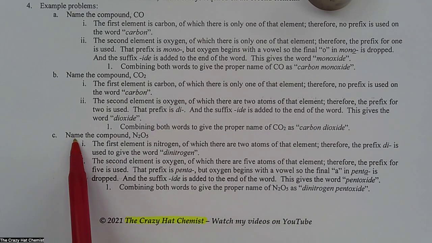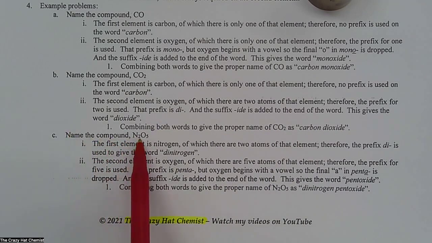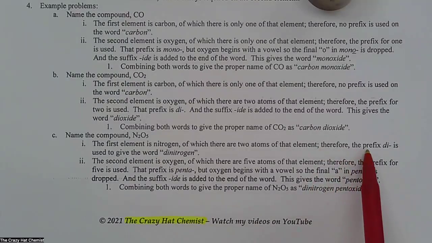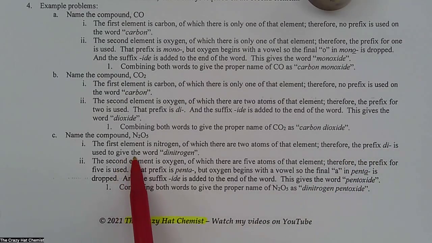Letter C, third example. Name the compound N2O5. The first element is nitrogen, of which there are two atoms of that element. Therefore, the prefix di is used to give the word dinitrogen. Di is the prefix for two. The second element is oxygen, of which there are five atoms of that element. Therefore, the prefix for five is used.